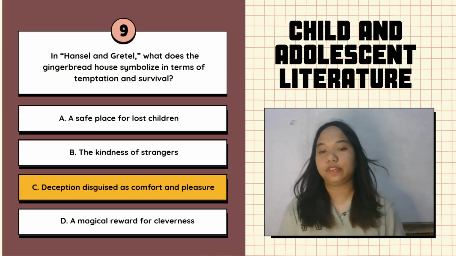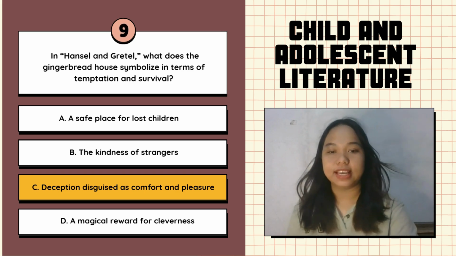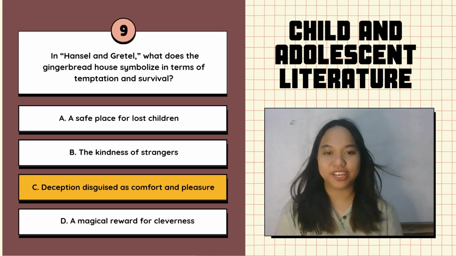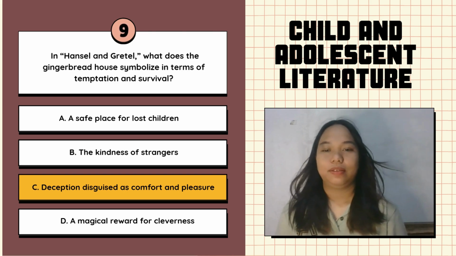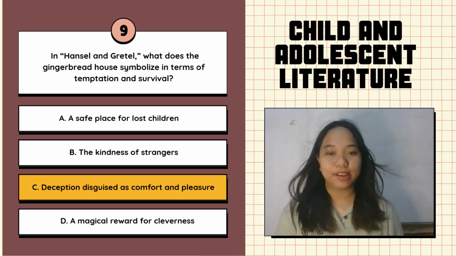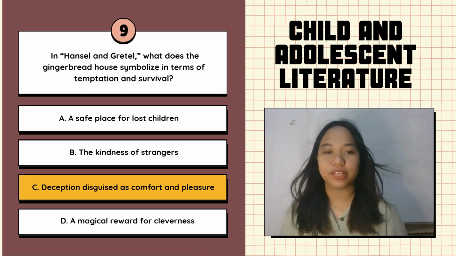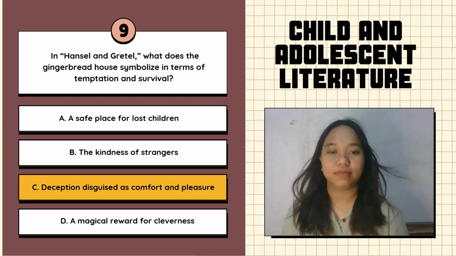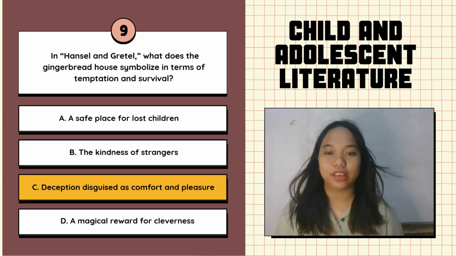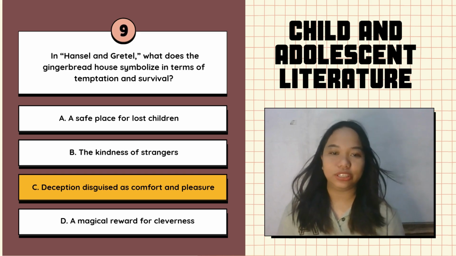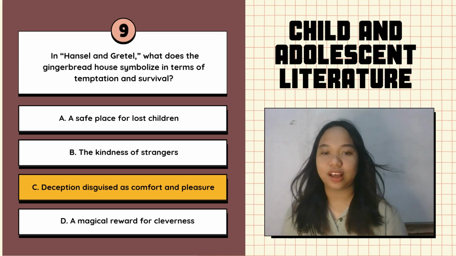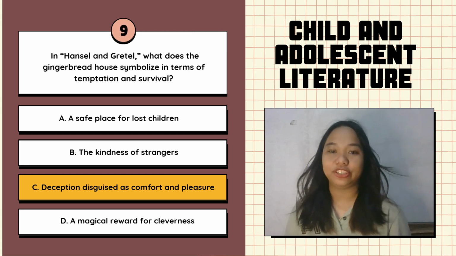Okay, so the correct answer is letter C. Deception disguised as comfort and pleasure. Why is that the correct answer? Because the gingerbread house in Hansel and Gretel is a symbol of temptation and false security. On the outside, it looks delicious and safe, attracting the hungry children.